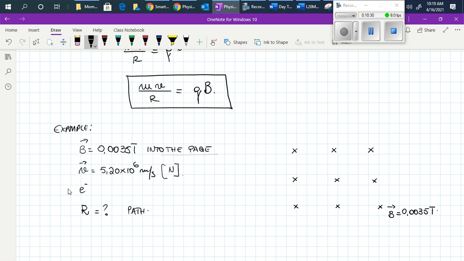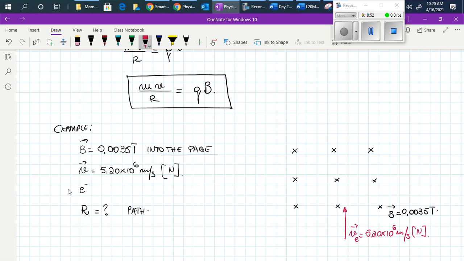Now what we have is that the velocity of the electron is north. So electron is entering. Velocity of the electron is 5.20 times 10 to the power of 6 meters per second going north.